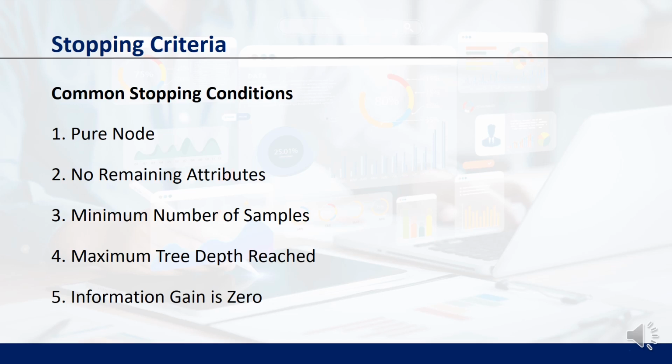If a node contains very few records, further splitting may not be meaningful. Fourth, maximum tree depth. We can specify a maximum tree depth. Fifth, the information gain is 0. If the split provides no meaningful reduction in uncertainty, we stop. Stopping criteria help us control tree complexity and reduce overfitting.